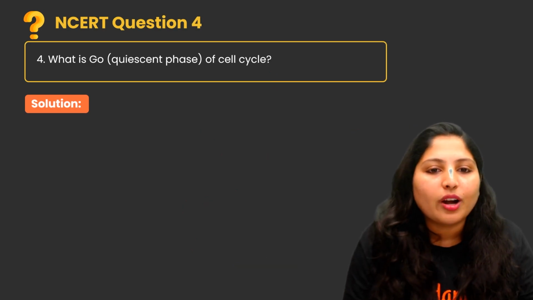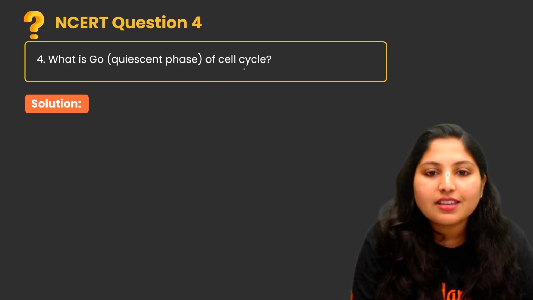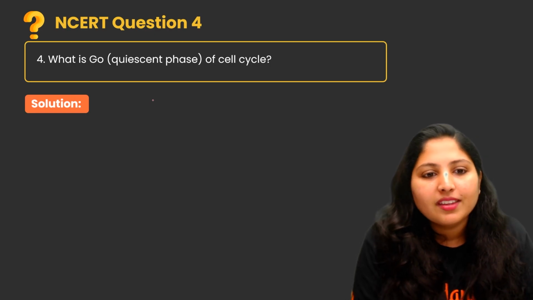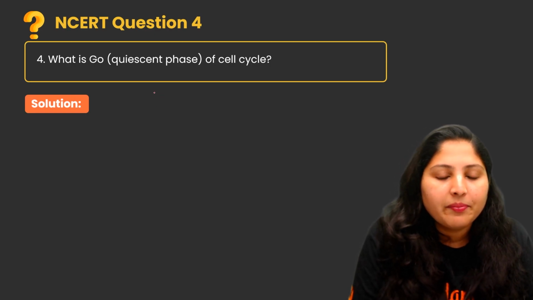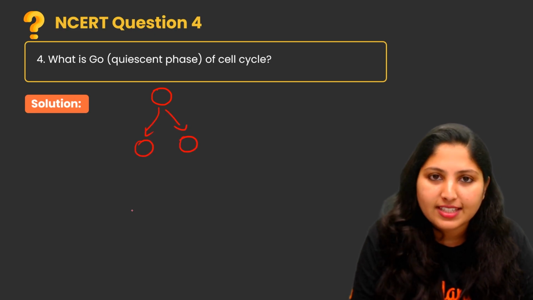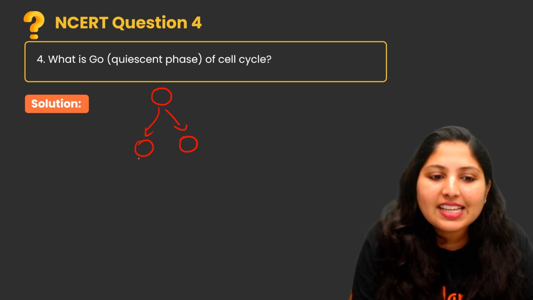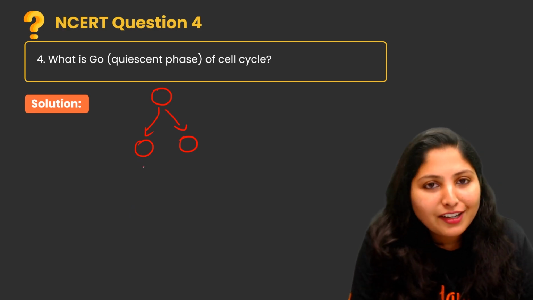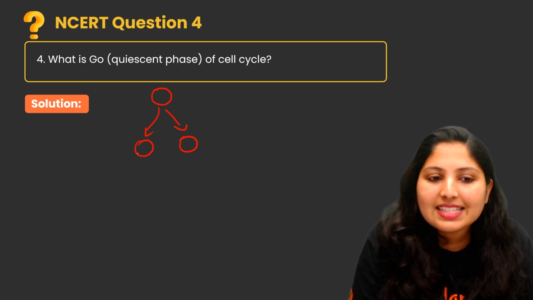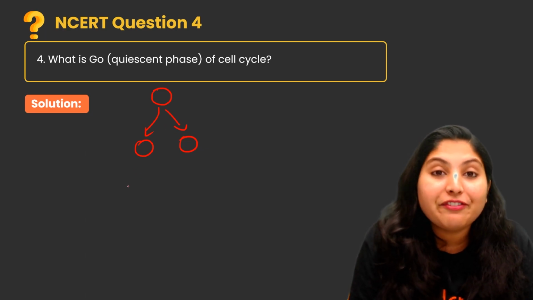What is the G0 or quiescent phase of the cell cycle? We know that during the cell cycle one cell divides and produces two daughter cells. These cells may undergo the cell cycle again, or undergo differentiation.